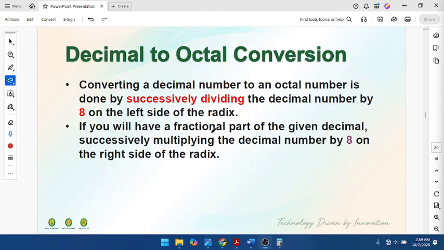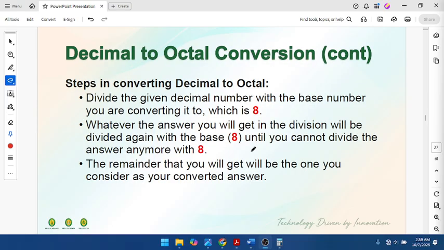If you have a fractional part of a given decimal, you successively multiply the decimal number by 8 on the right side of the radix. So we have here the steps.